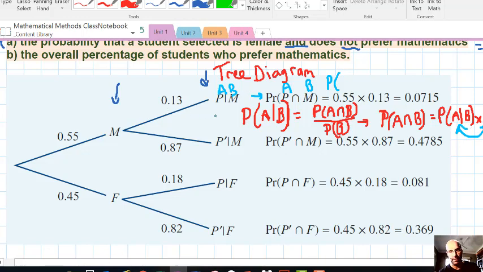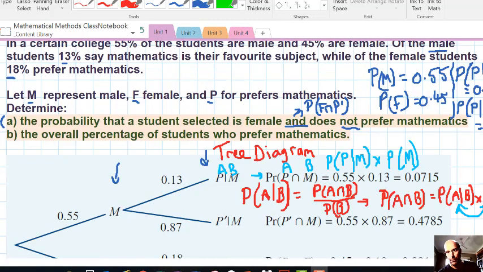You can see that that would be equal to the probability of preferring maths given that it's a male, times the probability of the person being a male. You'll remember we identified all of those probabilities above there.